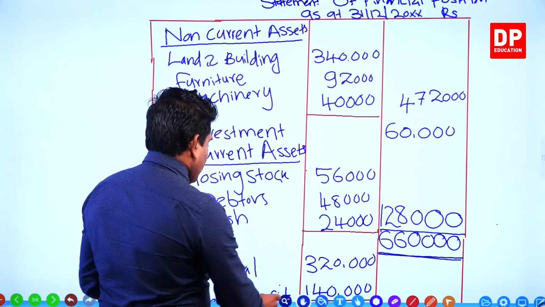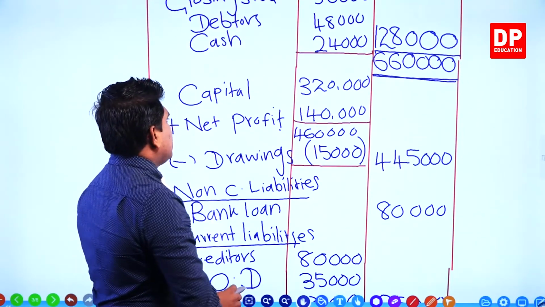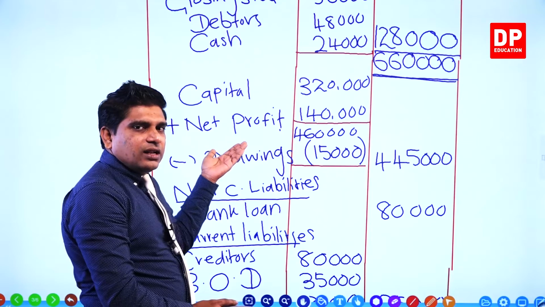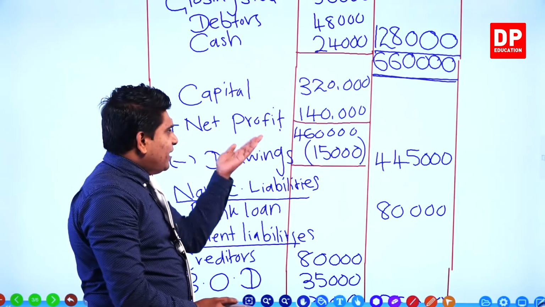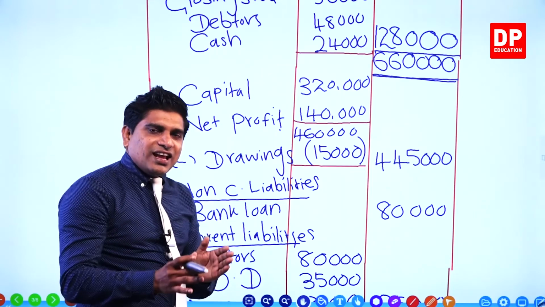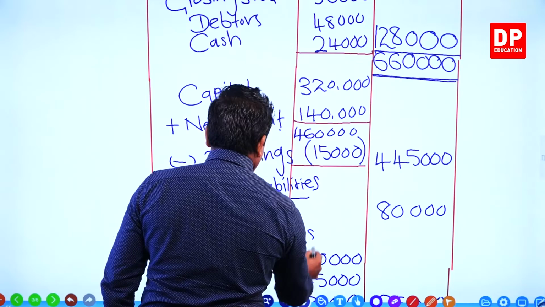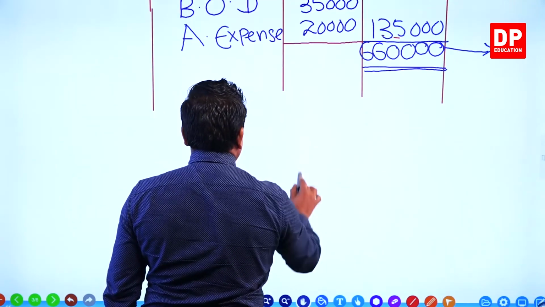Then the other side, capital and liabilities we put, right? Capital plus liabilities, it is the other side. Then when you think about the accounting equation, I can show it here again.